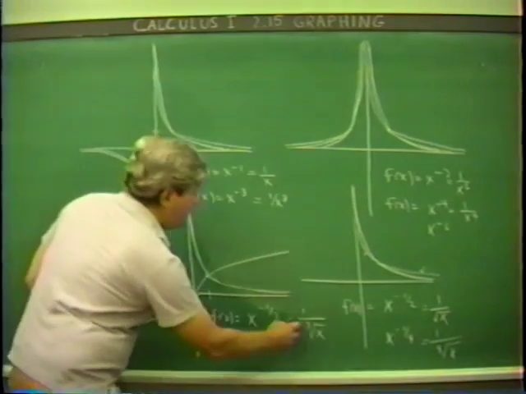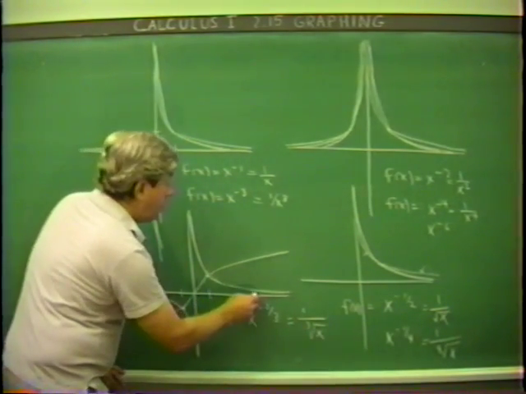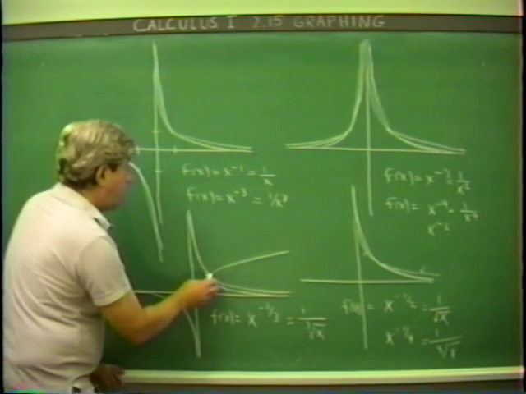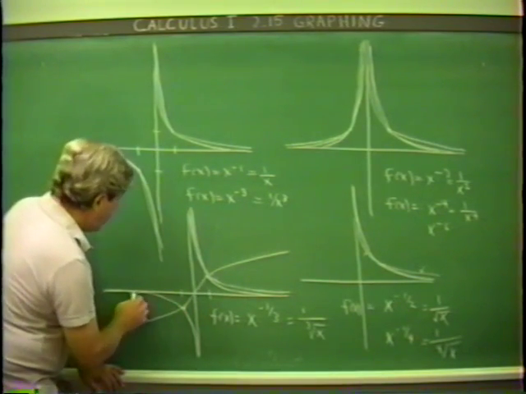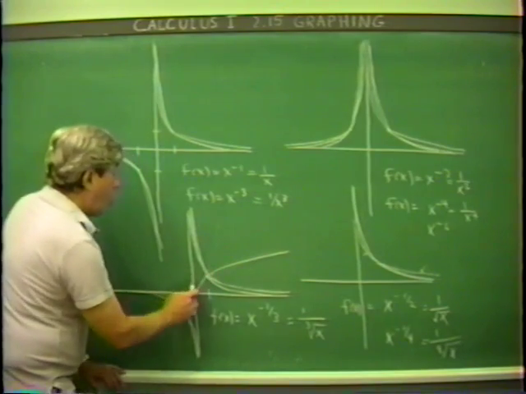Okay. And 1 over the fifth root of x is going to have a similar shape, except that the fifth root of a number is going to be smaller when the number is larger than 1. And it's going to be larger when the number is between 0 and 1. And this again is going to be symmetric about the origin.